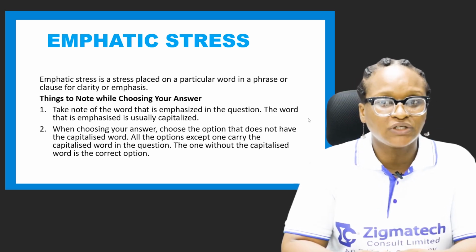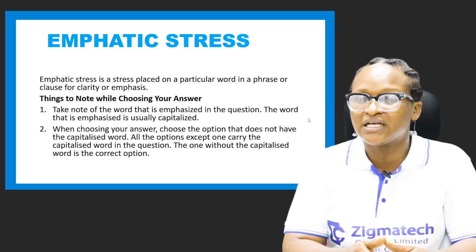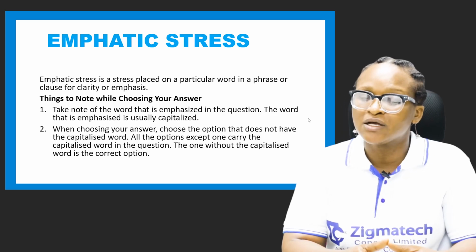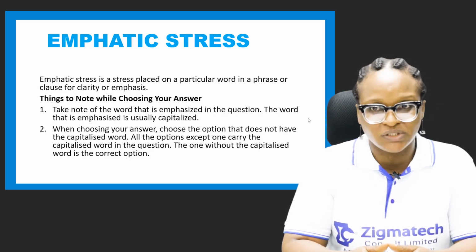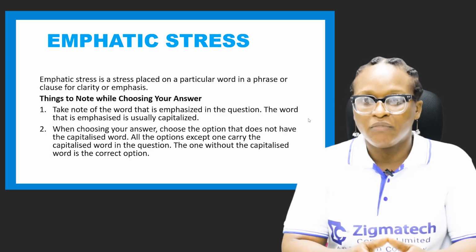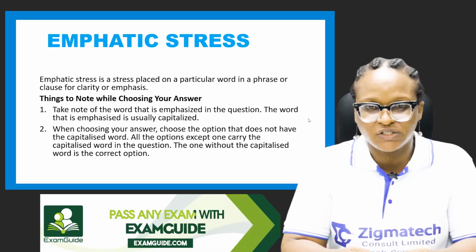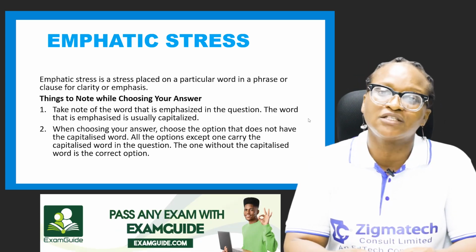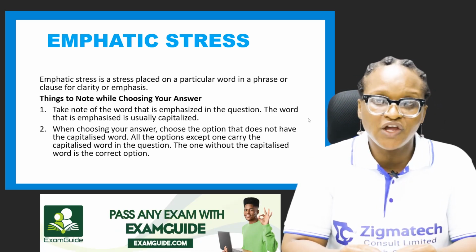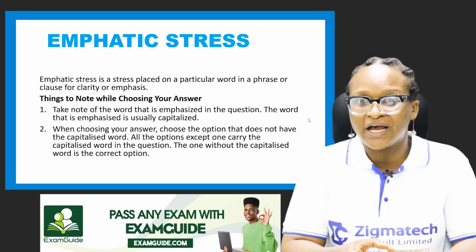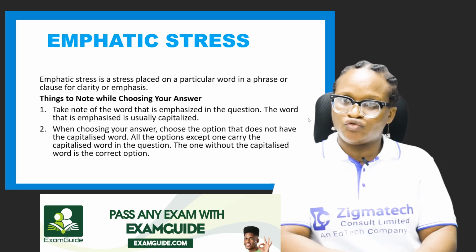Now, I told us that secondary stress isn't as relevant as the primary stress because we've never seen questions posed from that angle. But for word stress, the primary stress, there are loads of questions asked. As a matter of fact, you have 5 questions from your NECO and WAEC asked under word stress for you to identify the very syllable that bears the stress.